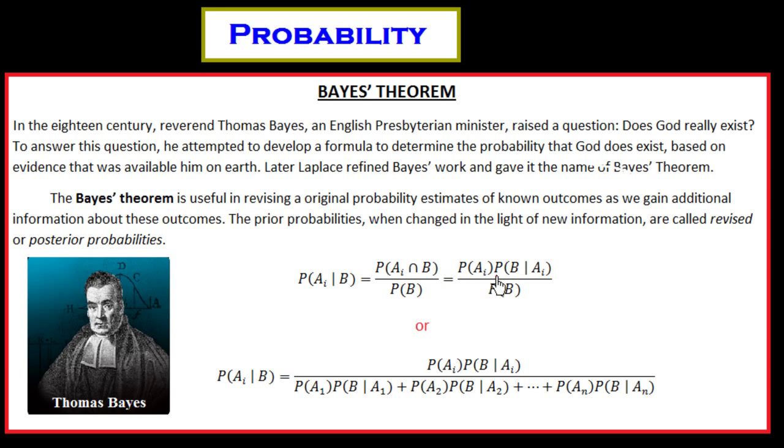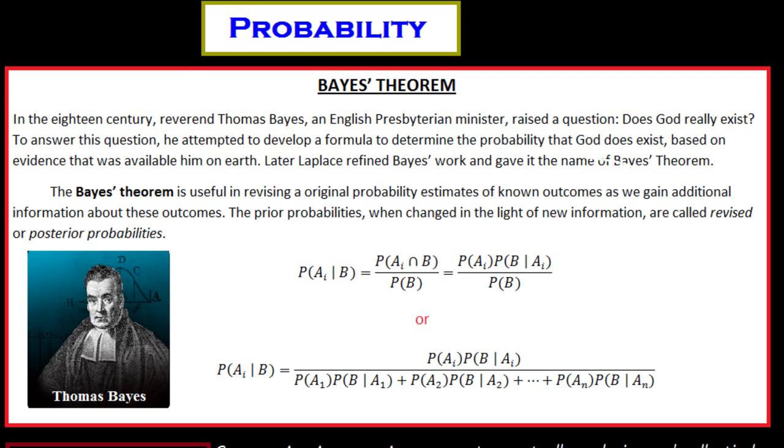Here we get P of Ai into P of B given Ai over P of B. Or if we derive this, we could write this formula in this way: P of Ai given B is equal to P of Ai into P of B given Ai over P of A1 into P of B given A1 plus P of A2 into P of B given A2 and so on up to An, so P of An into P of B given An. So we use this formula to solve the problems related to posterior probabilities.